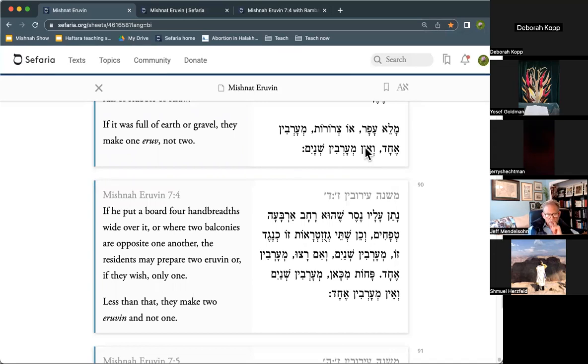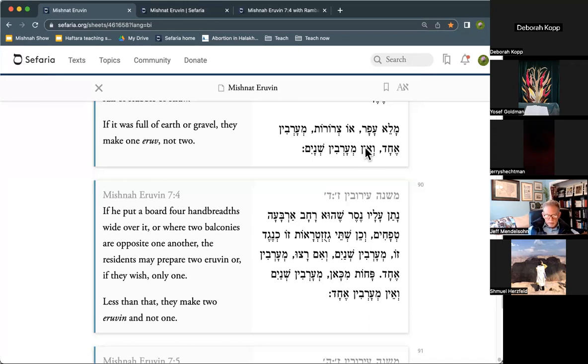We learned that if the balconies are high up, you can throw from one balcony to the other without entering the public domain. And here we've got 2 balconies, one opposite each other. So we can just cross directly from one courtyard into the other. There's a bridge, if you like, provided by the 2 balconies. So either we've got a board bridging the ditch, or we've got 2 balconies bridging the gap.